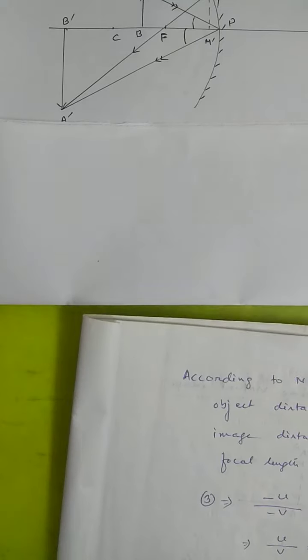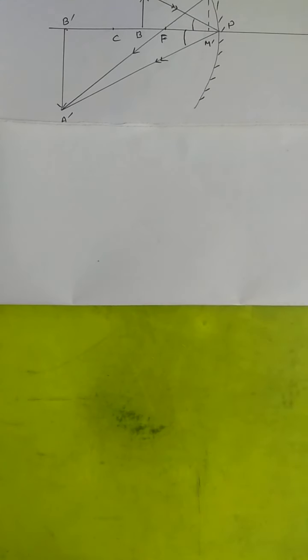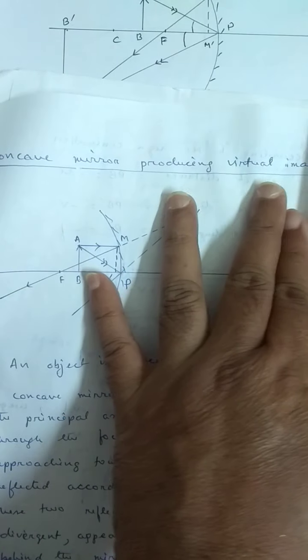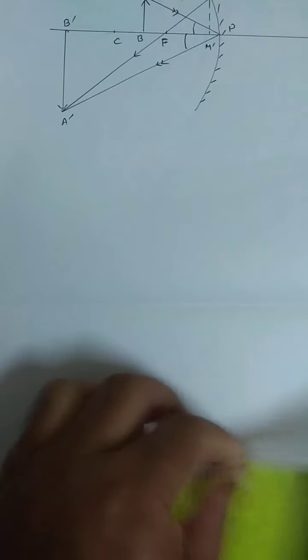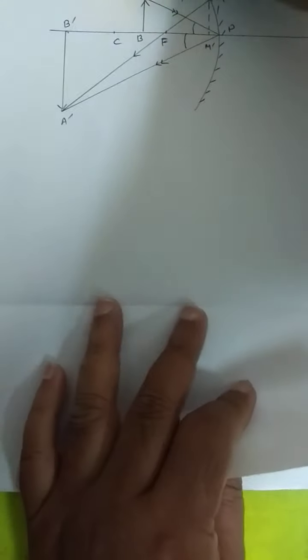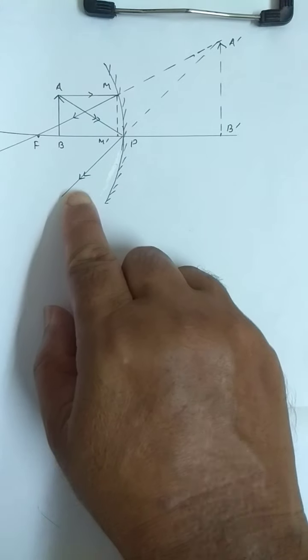Now we want to derive the mirror formula for concave mirror producing virtual image. Now we want to discuss the concave mirror producing virtual image. So you just see, concave mirror producing virtual image.